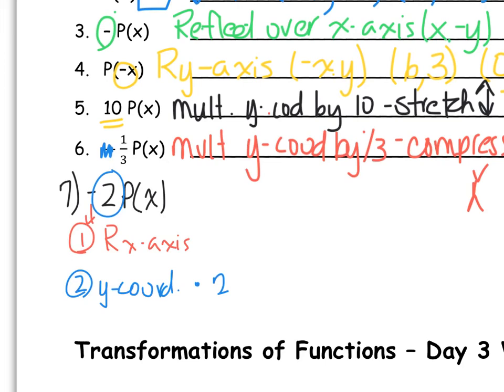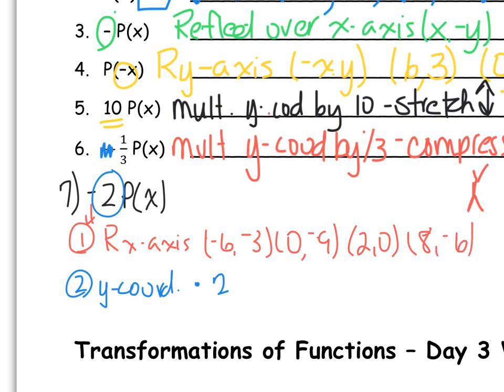So if we go back to our original characteristic points, a reflection over the x-axis keeps our x values the same and our y values become the opposite. So that reflection is going to give us -6, -3, 0, -9, 2, 0, and 8, -6.